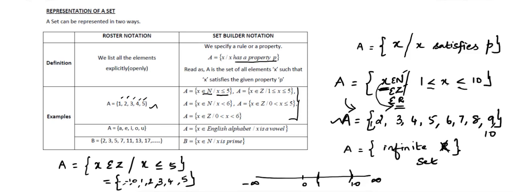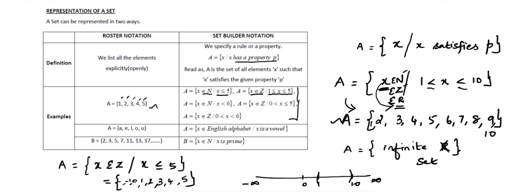So that is why I am mentioning the lower bound here. 1 less than or equal to x less than or equal to 5. If I am mentioning that the element belongs to integer, I am just more precise on my condition. In set builder notation, the condition is very, very important.